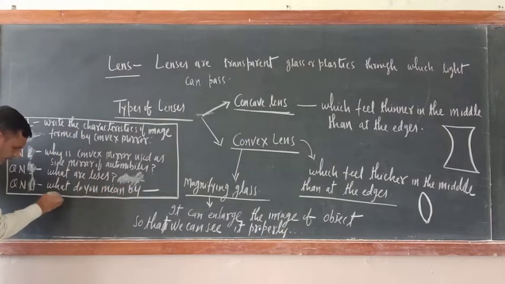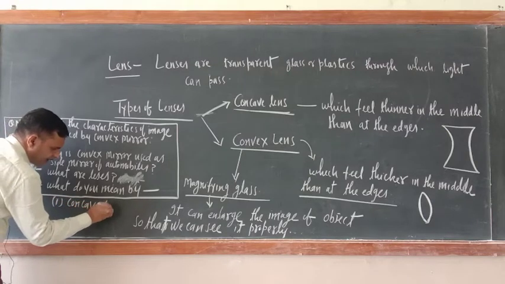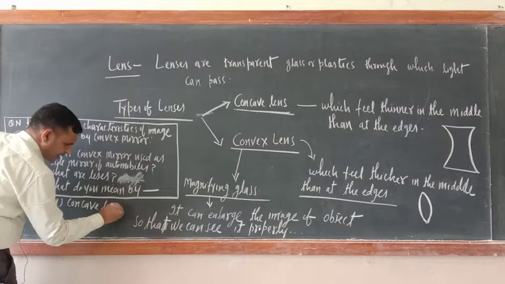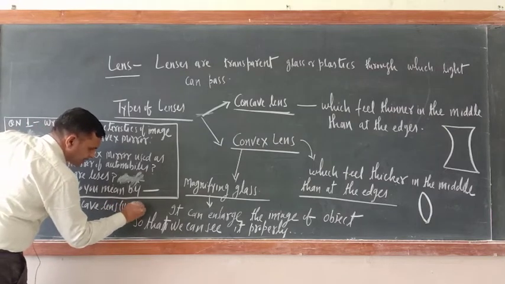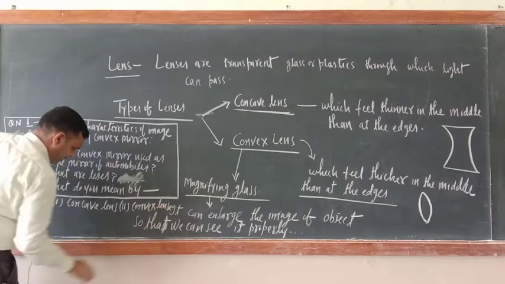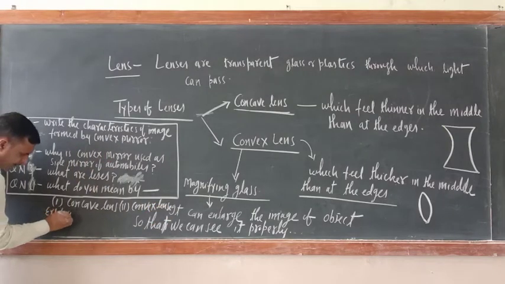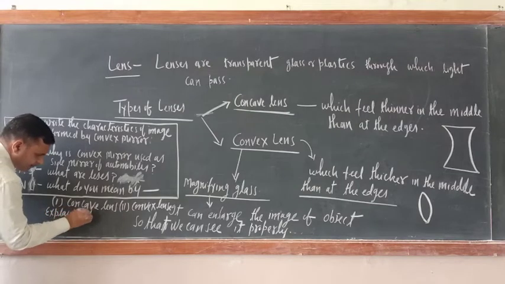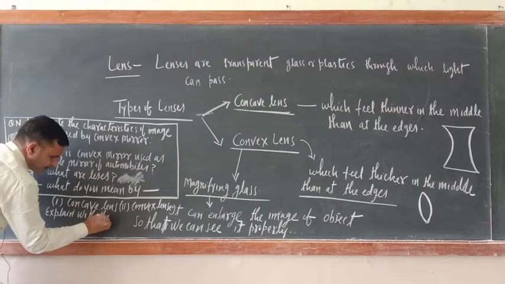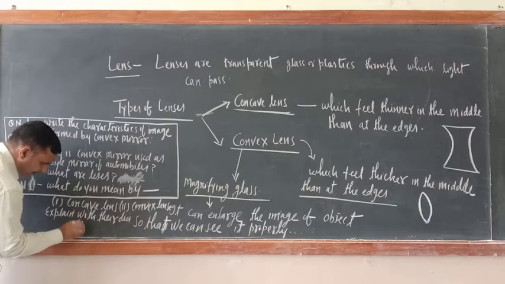Okay, that only. The next question, write what you mean by number 1, concave lens, and the second one is convex lens. Explain with their diagram. Okay, diagram.